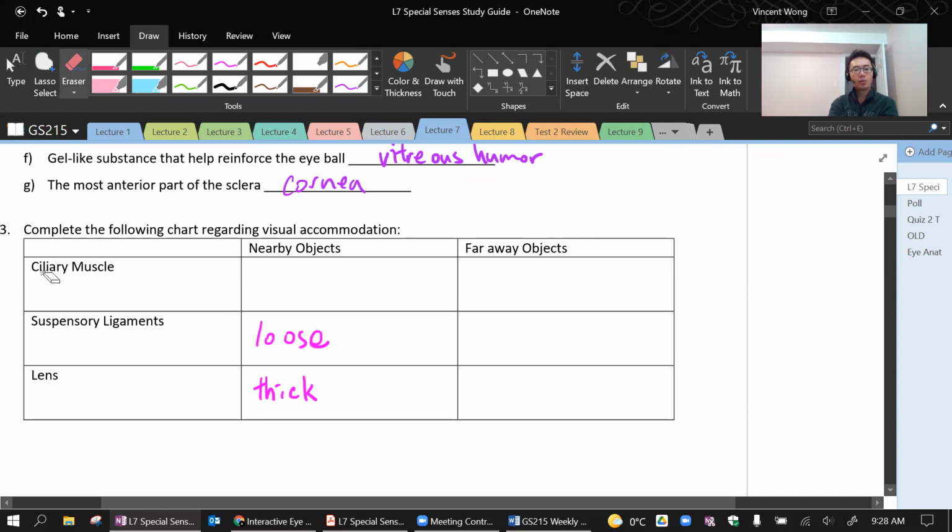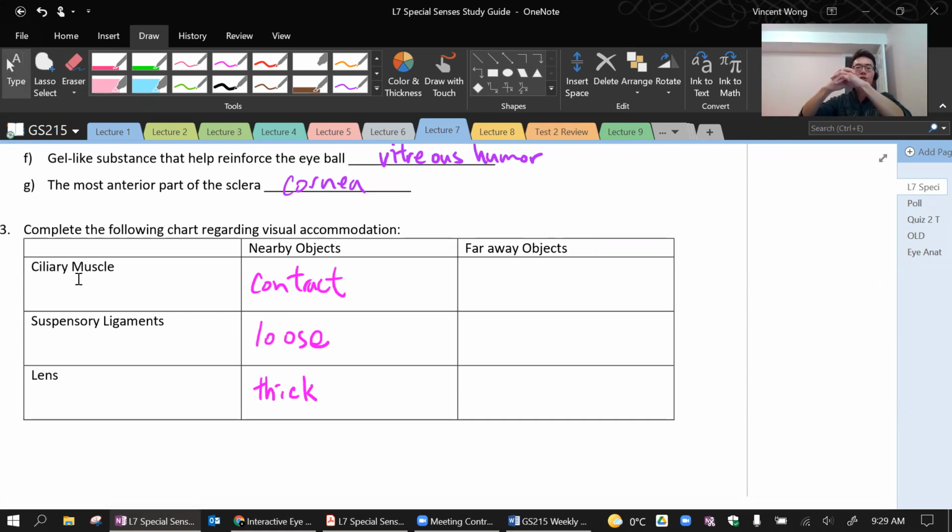And to make the ligament loose, the ciliary muscle has to contract. It's a little bit hard to visualize this, but the ciliary muscle, as I mentioned, is a ring. So when it contracts, it grabs onto each other like this and it gets smaller.